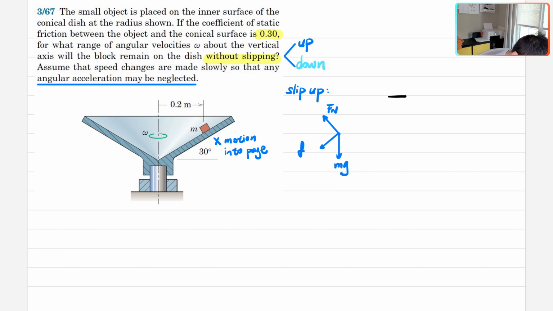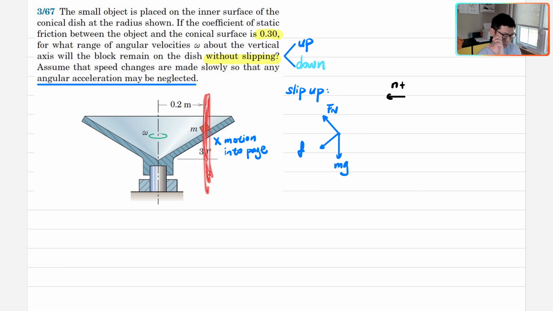Understanding that part, this is your n positive direction. Now, looking at these three forces, what you want to do is to break them up into the n direction and the vertical direction. There's no movement in the vertical direction, as we did for the car example in class.